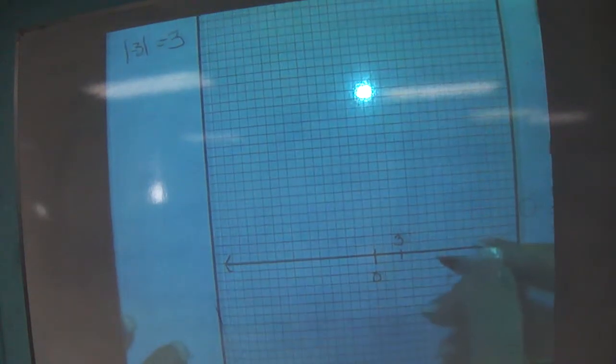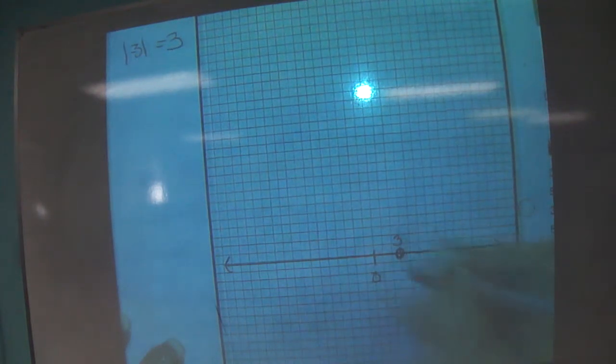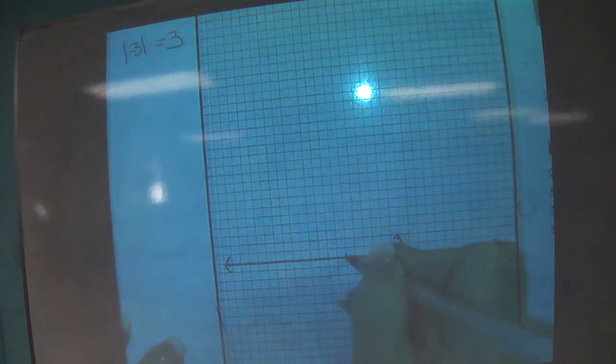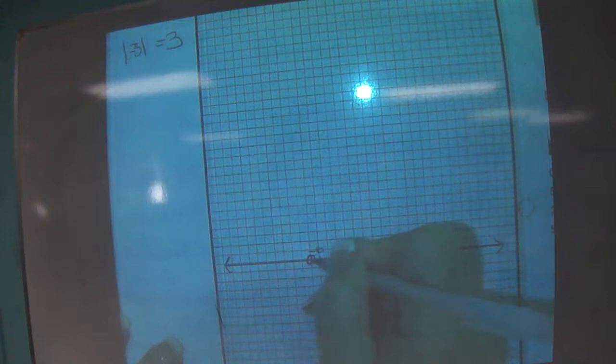It's less than, it doesn't include 3, right? So there's a circle around our 3. And it's greater than negative 7, so there's a circle around the negative 7.